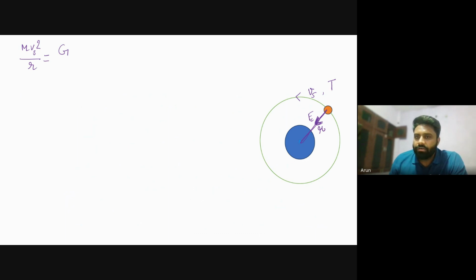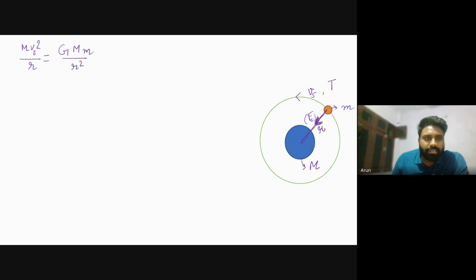It is the same force. Here the centripetal force is nothing special; it is the force of gravitational attraction. Mass of this planet is, let's say, capital M, and this planet has a mass of small m. So G capital M small m divided by r square.